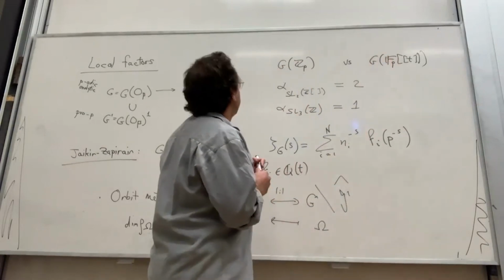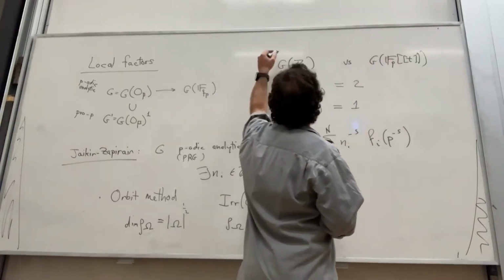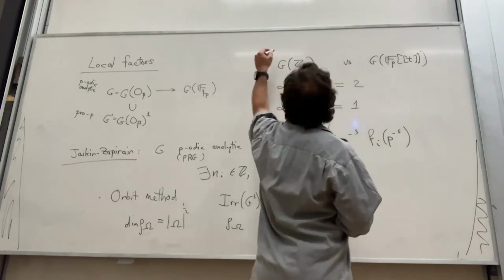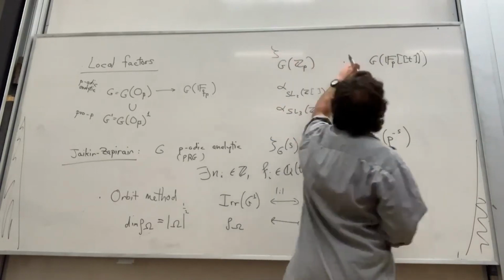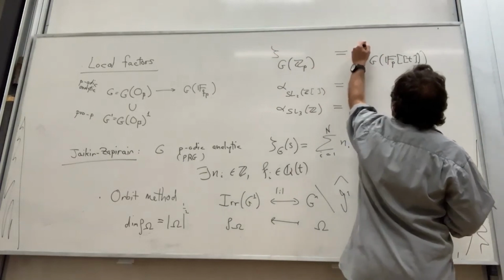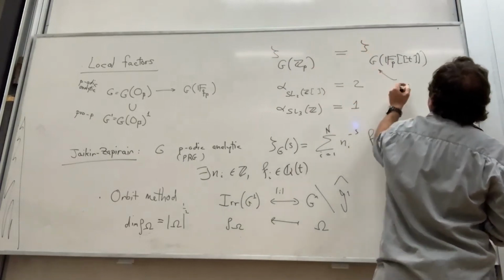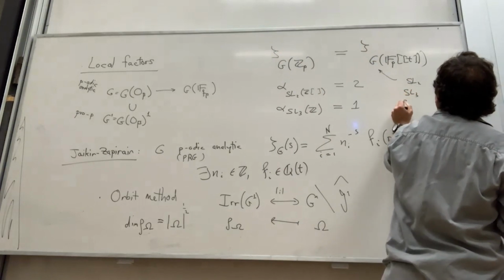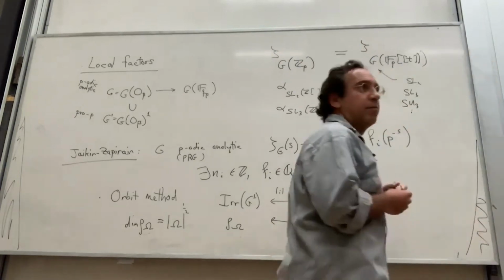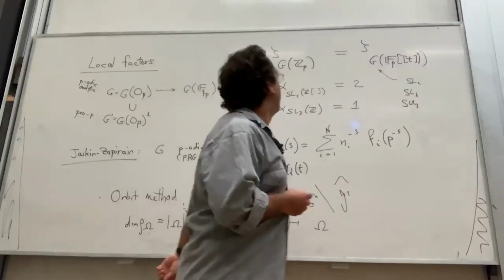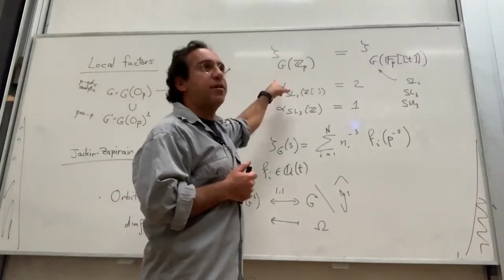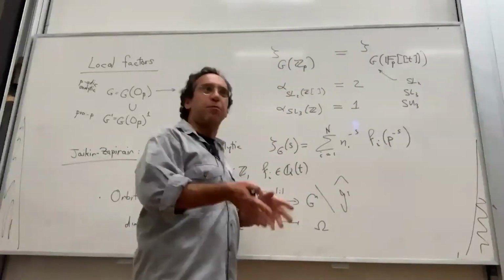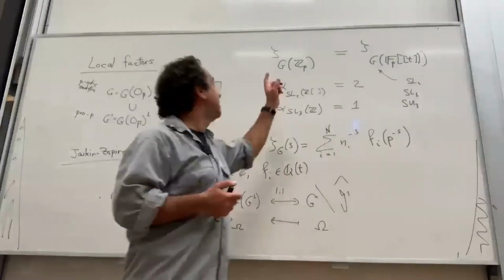But in the cases that we do know how to compute, it turns out that not only the abscissa is the same, the zeta function is the same. Not in too many examples. So this one needs to be SL2 or SL3 or SU3. The number of representations of any given dimension is the same.